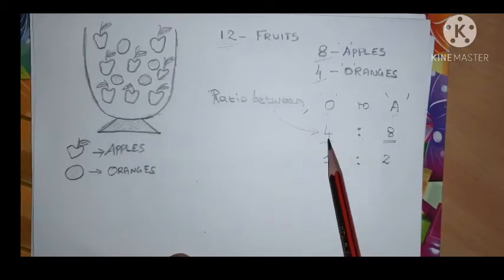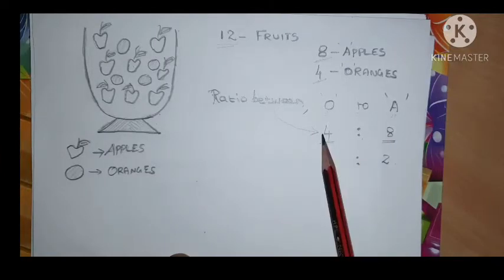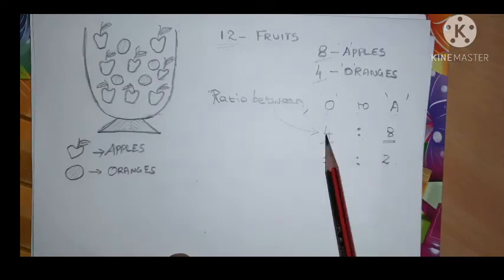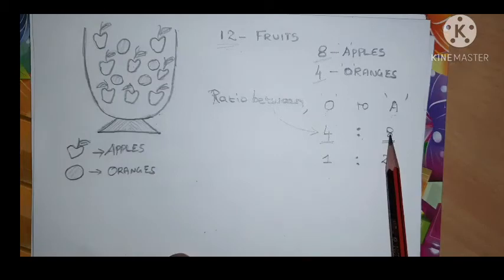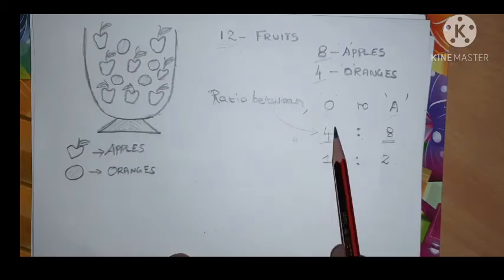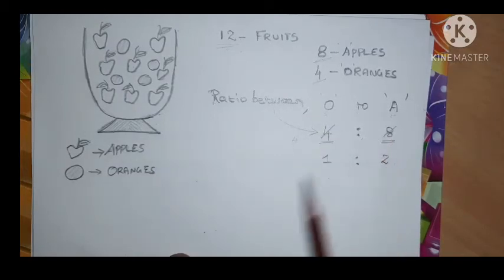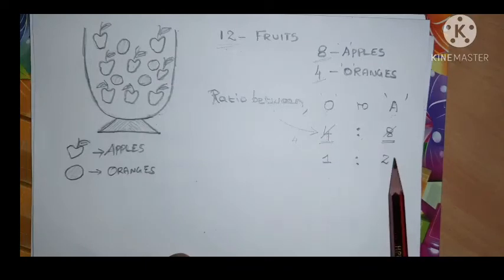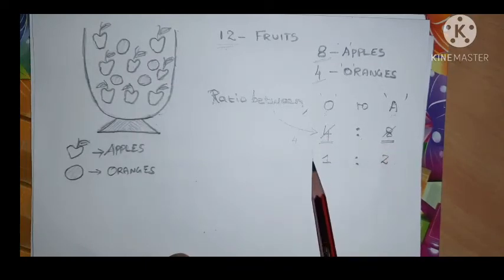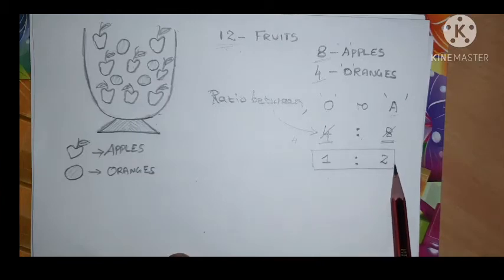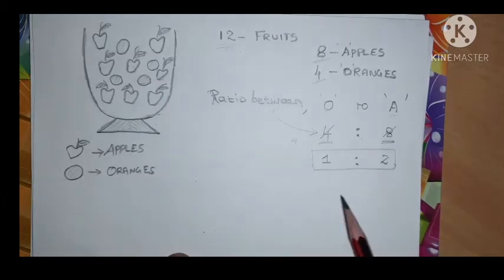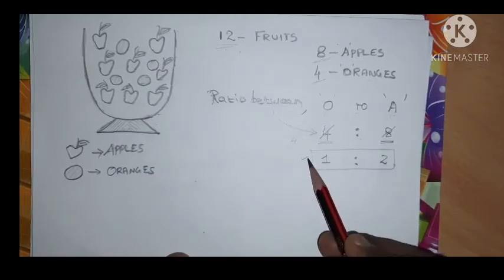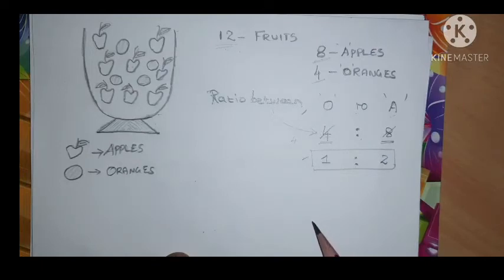Also look at the terms: both are even numbers and both can be divided by the common number 4, so I am cancelling. 1 four is 4 and 2 fours are 8. This is what we call the simplest form or reduced form. The ratio should be expressed in the simplest form, which is one of the properties we saw earlier.